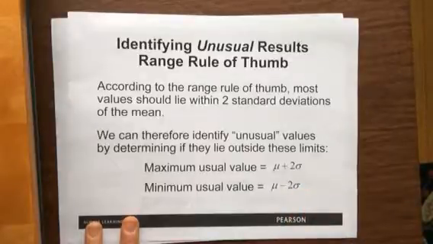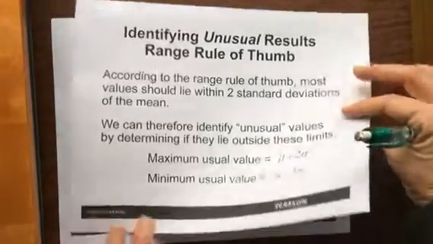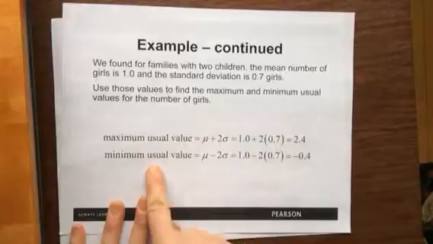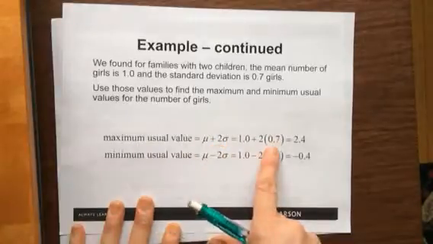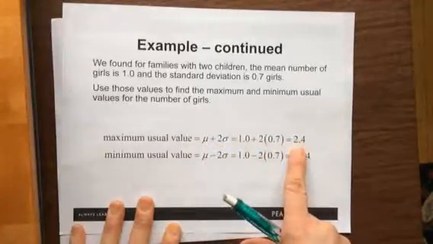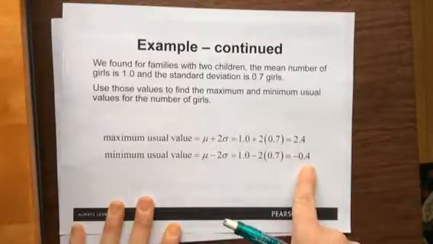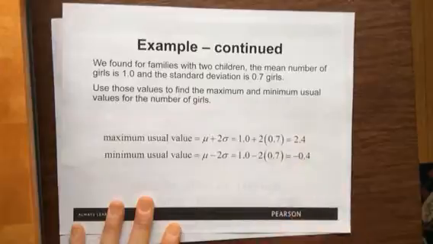So 2 standard deviations above or below the mean. If you're outside of those bounds, you'll be considered unusual. So in our example, if we take our mean and add on 2 standard deviations, 2.4, and our mean and take away 2 standard deviations, negative 0.4, those would be boundaries on the unusual values.